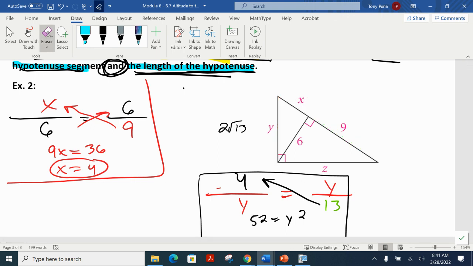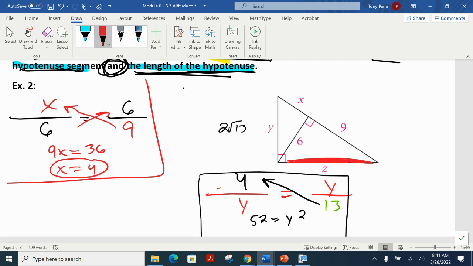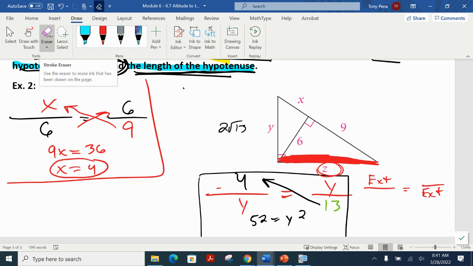All right, so let me clean this up. Last one. We want to solve for z. z is another leg. So again, let's write this out: extreme over the mean is equal to the mean over your extreme. The leg is always a mean. So notice how that is now a z. So in those positions, you're going to put a z.